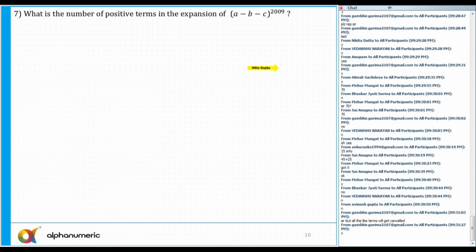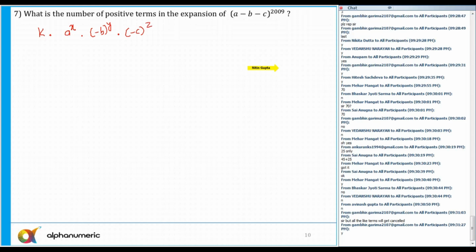Now, the general term here is k into a raised to power x, into minus b raised to power y, into minus c raised to power z.